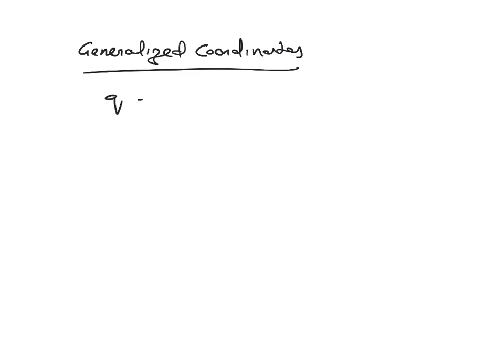So let's discuss generalized coordinates then. We represent them by Q. So generalized coordinates are generally degrees of freedom, right? Like if you have a body, what are the different independent degrees of freedom your system can have? Okay, and they are represented by a vector. Everybody knows vector in this class, right?